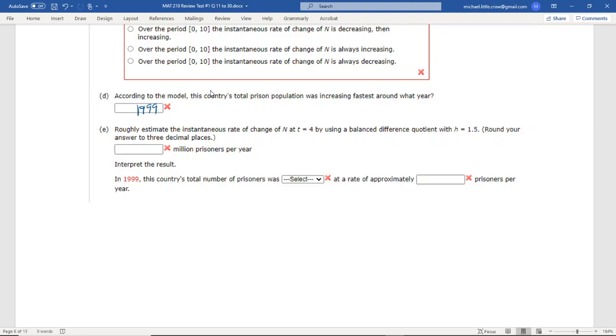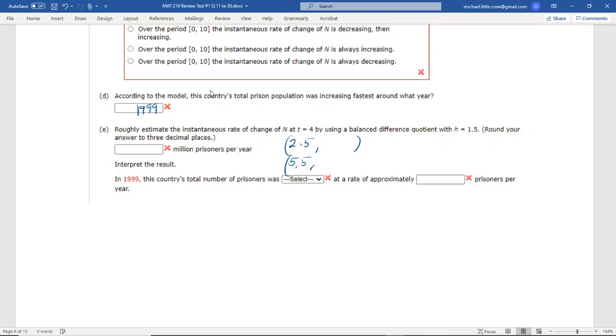Then roughly estimate the instantaneous rate of change at t equals 4 using the balanced difference quotient with 1.5. I think we did this. We subtract 1.5 from 4, which takes us to 2.5, look up that value, and then add 1.5, which goes to 5.5. Let's see what y values we get.